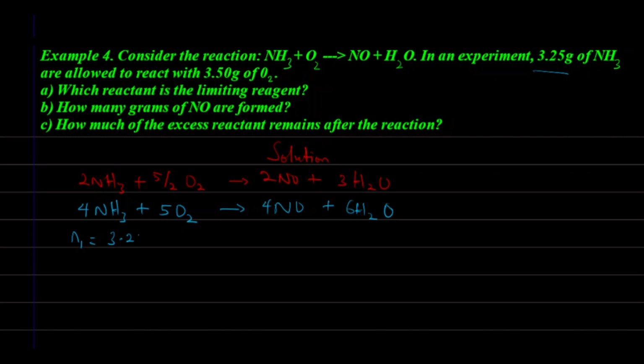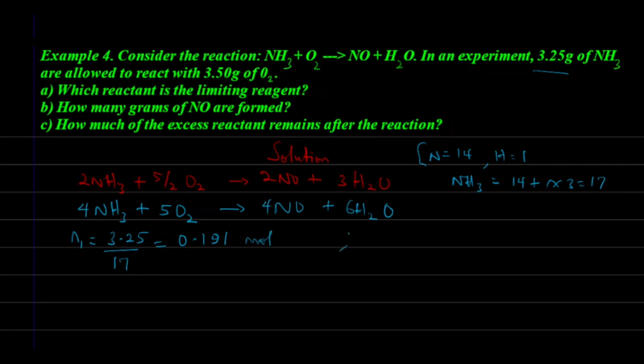That will give us 3.25 over the molar mass of NH3. As we all know, in NH3, nitrogen is 14, while hydrogen is 1. So NH3 molar mass is going to be 14 plus 1 times 3, and that gives us 17. So 3.25 over 17 will give us 0.191 mole.